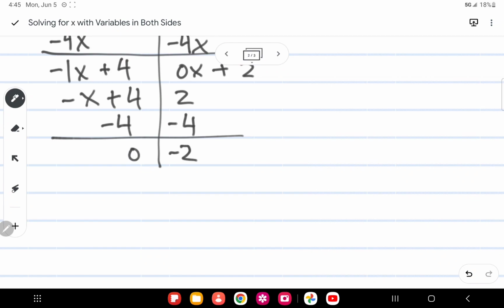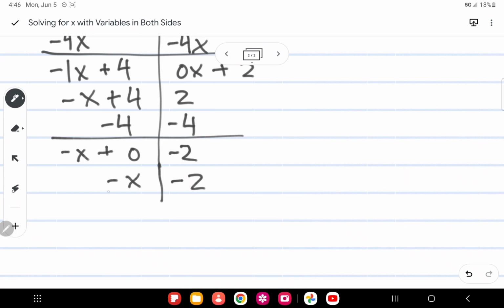And then we bring down everything that we did not use for this operation, which is the negative x plus. Now the 0 just disappears, and we're left with negative x on the left side and negative 2 on the right side.